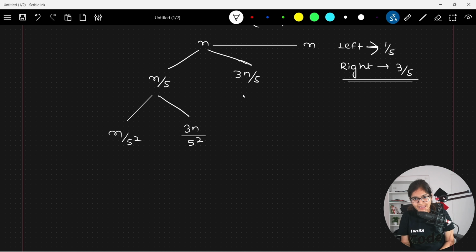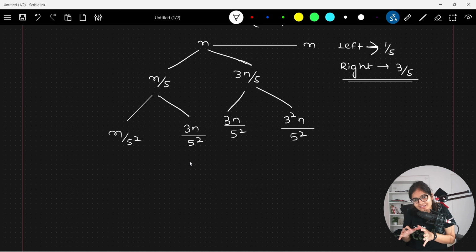Here also we will have 3n/5^2, and here 3^2 n/5^2, and so on. The same thing will continue until some level k. Now the cost required to do this task is n/5, and here also it will be 3n/5, because when we were at the n level and splitting into two parts, the cost required was n. So for the further splits, it will be n/5 and 3n/5.